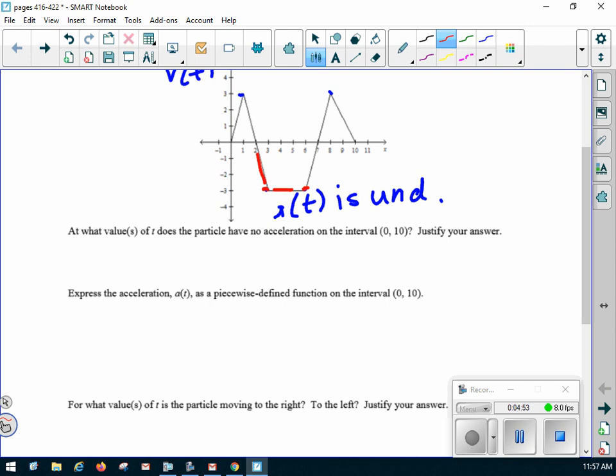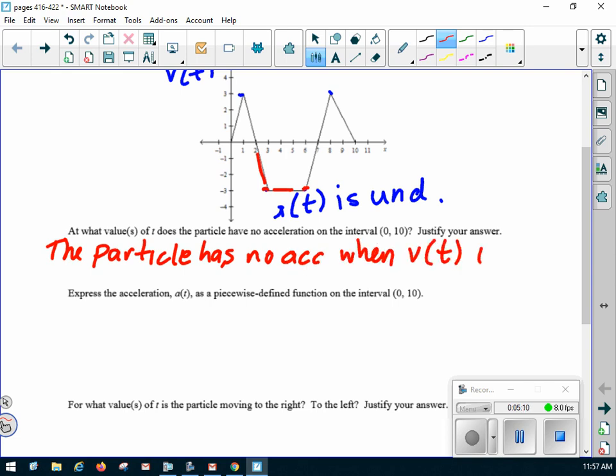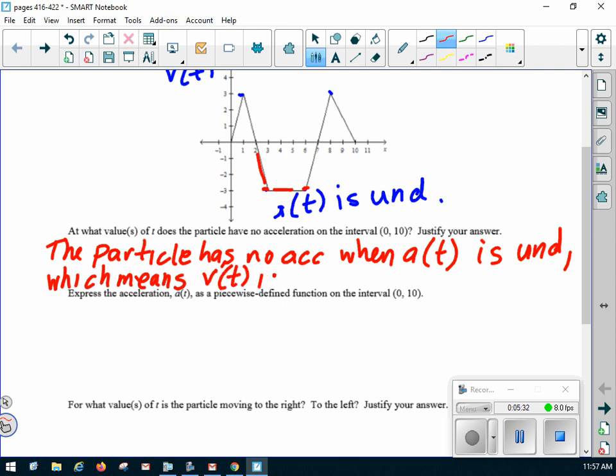So, let's see. The particle has no acceleration when a of t is undefined, which means v of t is not differentiable.